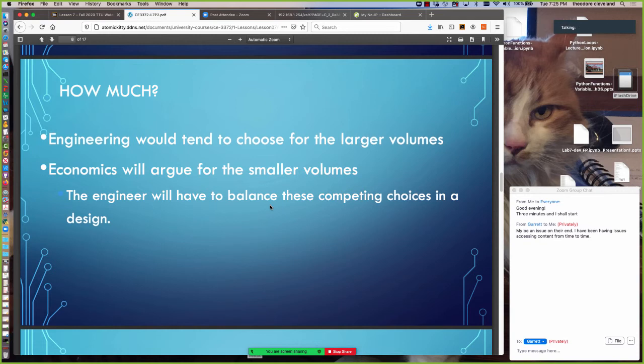But the owner isn't going to want to pay for water that's not going to go through a meter and generate revenue. So economics tends to argue for the smaller volumes, and in practice it's a balancing act between these competing choices in the design.